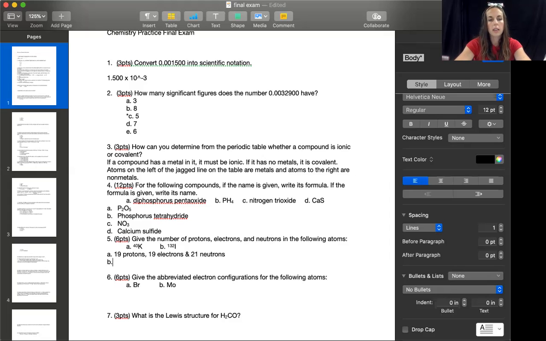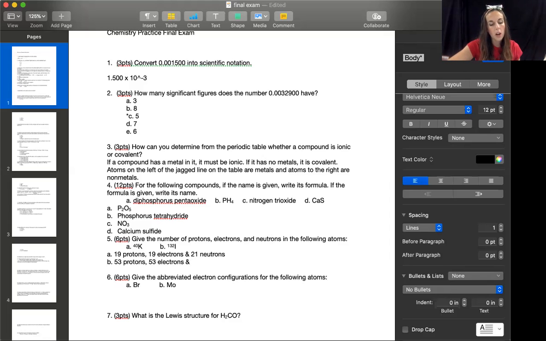Okay, let's look at B. We have 132, and that's an I. So iodine is number 53, which means it has 53 protons and 53 electrons, because that's what the number on the periodic table is going to tell me. Let's see.